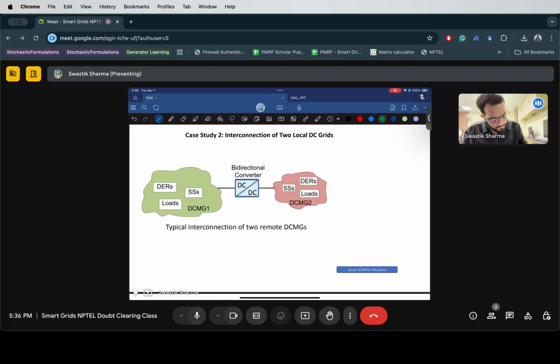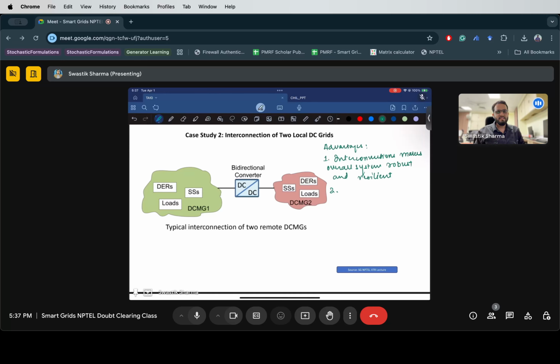So what advantages do they have? One, interconnection makes the overall system robust and resilient, right? Since you have two interconnected DC microgrids, you know that you will never be out of generation.